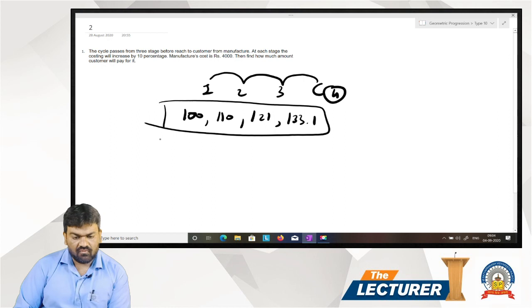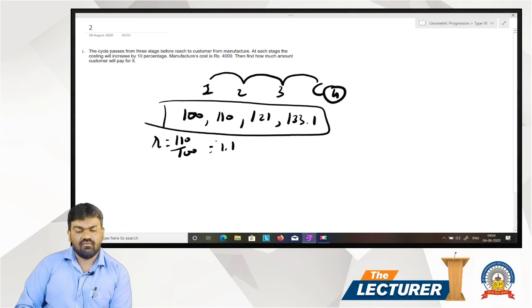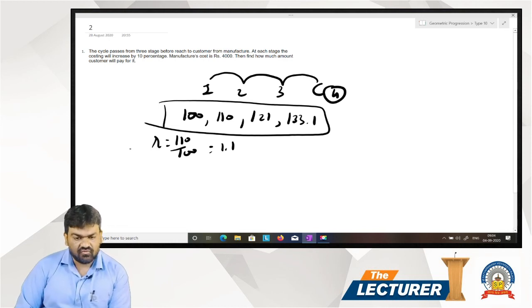Okay. So what is r? Second by first, 1.1. We have to find out how much amount the customer will have to pay if manufacture cost is 4,000.